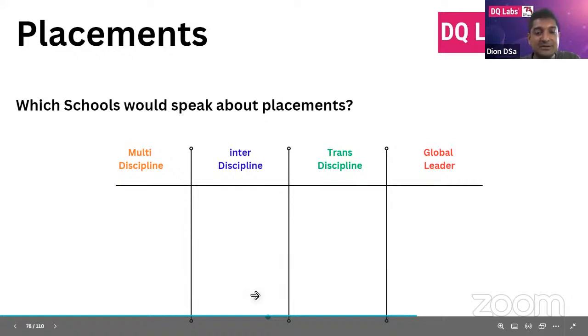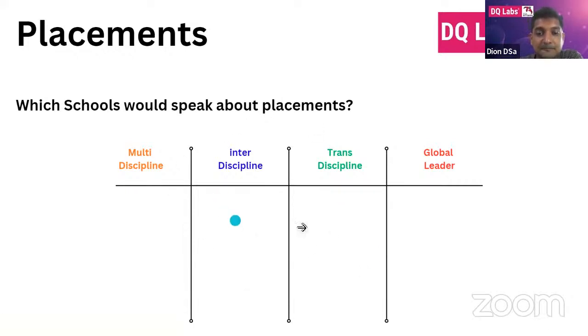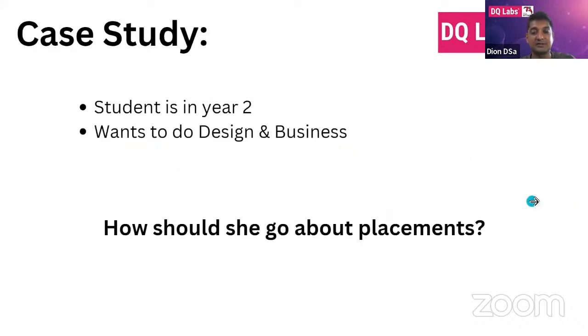So that becomes a challenge for them to talk. These are schools that will definitely not talk about placements, right? Or their focus on placement will be rather lower. They would be talking about the quality of education, whereas the multidisciplinary and the global leaders would talk about placements a lot.